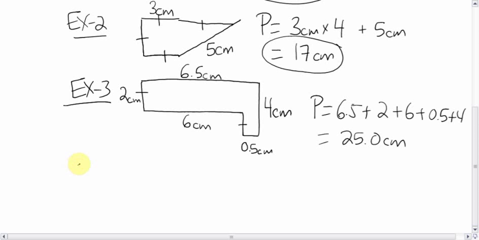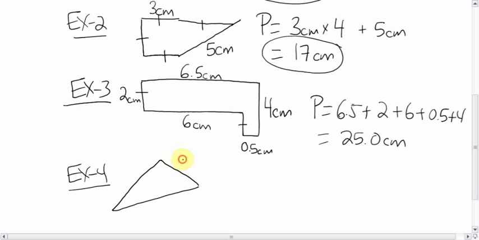Alright, getting a little bit trickier. What if I gave you something like this? You have a triangle, and you're told that this side is 6 centimeters, this is 8 centimeters. We don't know what this side is, yet we're told the entire perimeter is 25 centimeters. Two ways to do this.